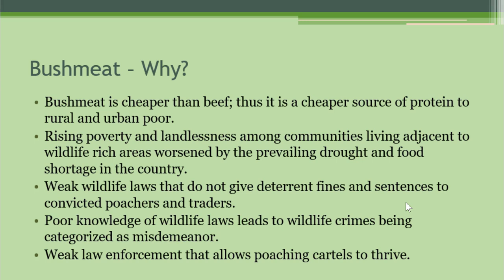Rising poverty and homelessness where you have wildlife-rich areas really come into conflict a lot, right? If you have people who are living in poverty and they have a lot of wildlife, then bushmeat is going to be their go-to for protein. A lot of these places do not have good wildlife laws, and in reality, they really can't have good wildlife laws because it's hard to enforce those when you have a population that's starving.